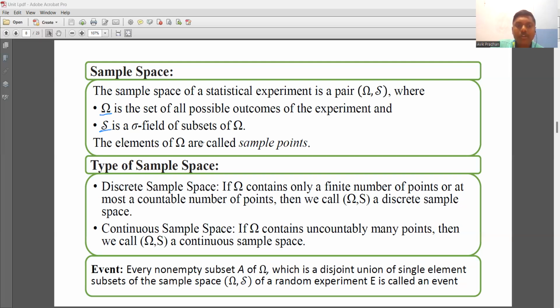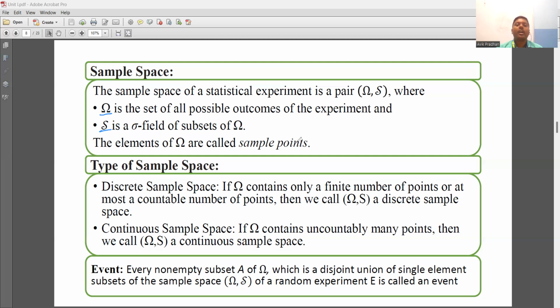The elements of this omega are called the sample points. So sample space is nothing but a pair: the first element is the set of all possible outcomes corresponding to a random experiment or statistical experiment, and the second component of this pair, that is script S, is the sigma algebra or sigma field corresponding to that particular set omega.